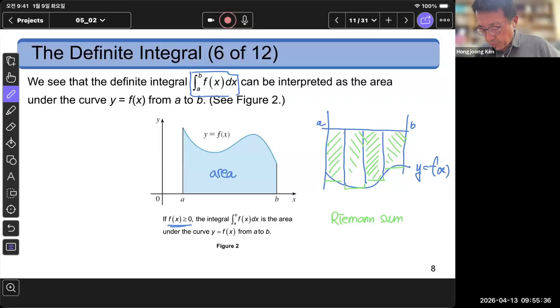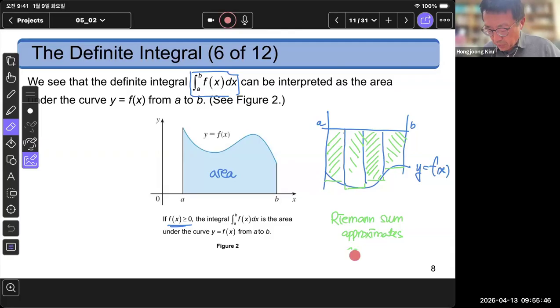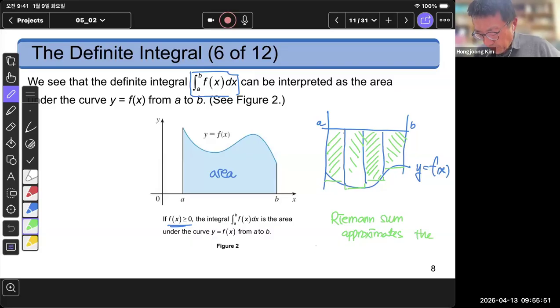approximates the negation of the area between f of x and the x-axis.